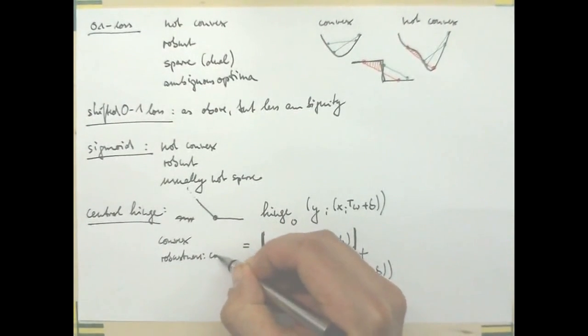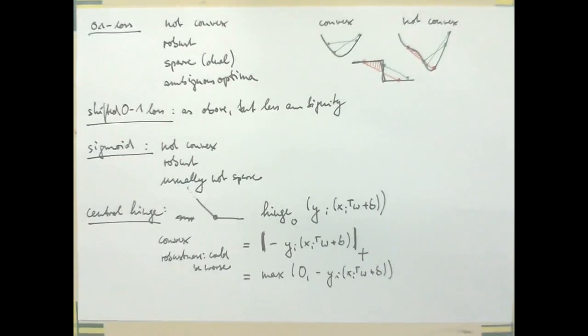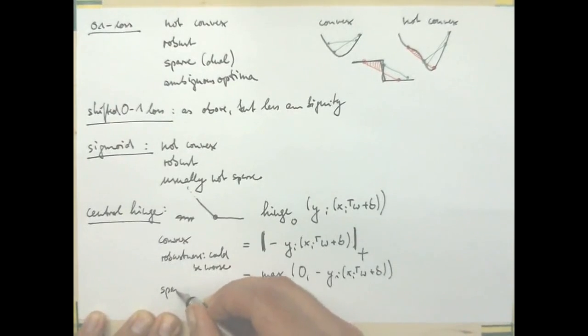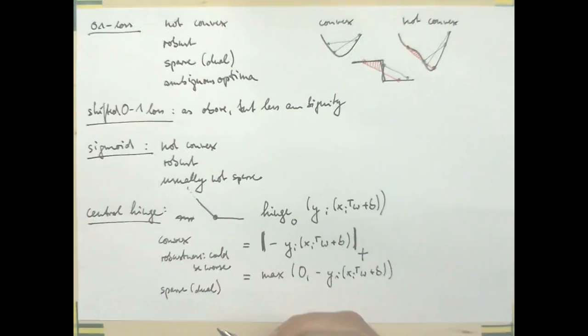It could be better also, but it could be worse. Okay. Now, again, since it goes strictly to 0 for correctly classified samples, it gives rise to solutions that are sparse in the dual domain. And, by the way, it also gives ambiguous solutions.